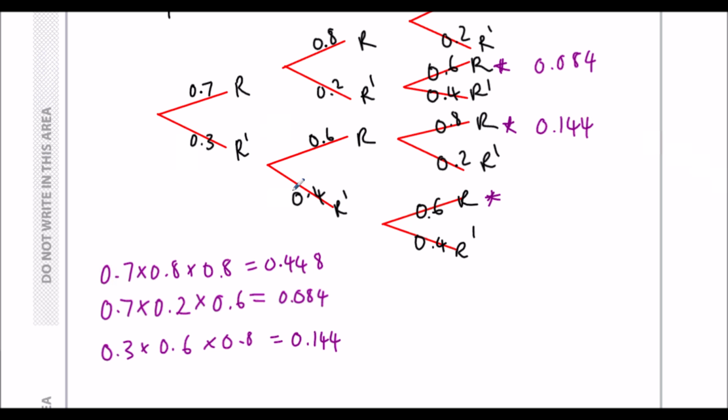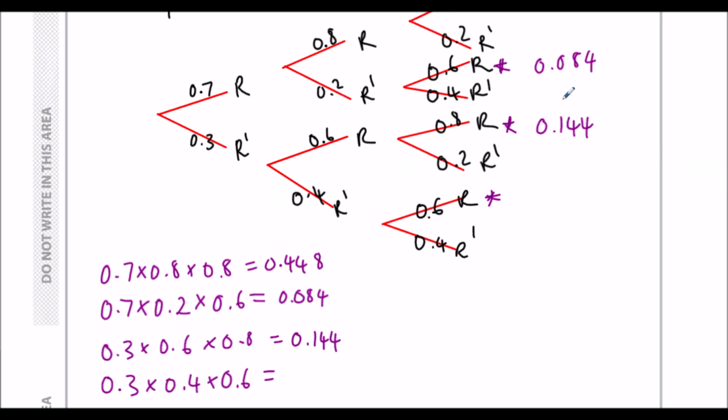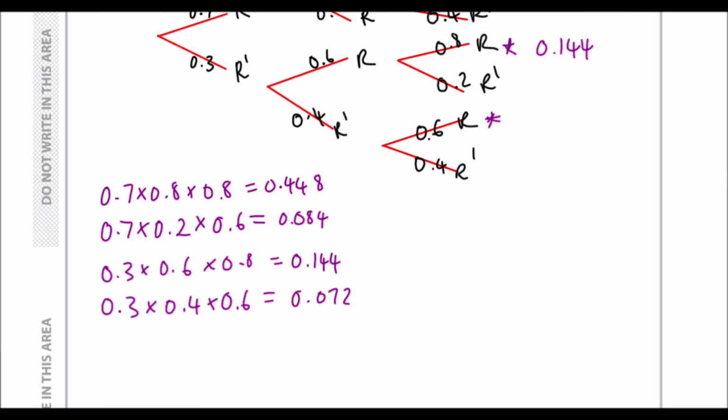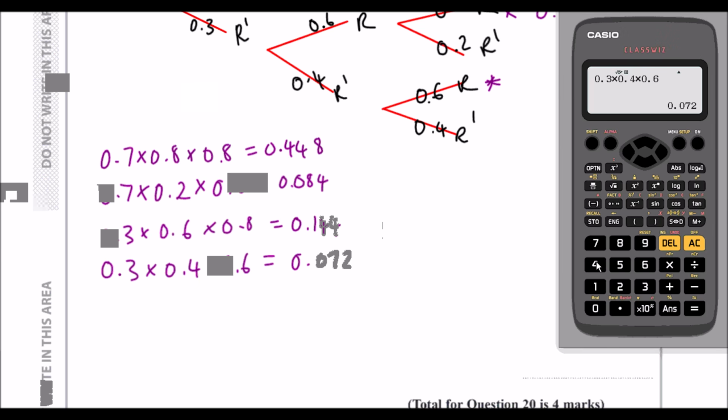And finally, we have not rain, not rain, rain. So 0.3 times 0.4 times 0.6. Which is 0.072. So the total chance for it raining on Wednesday will be all of these added together.